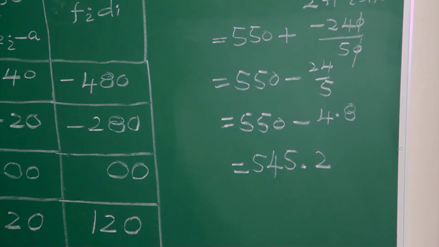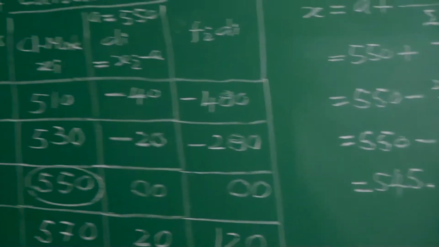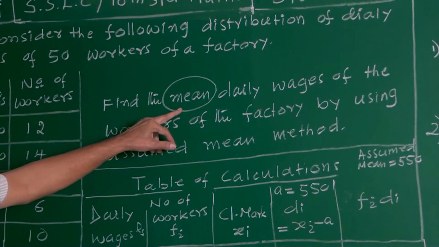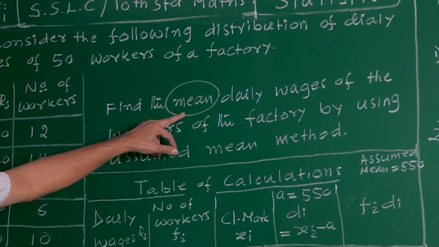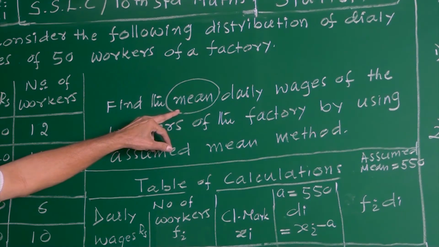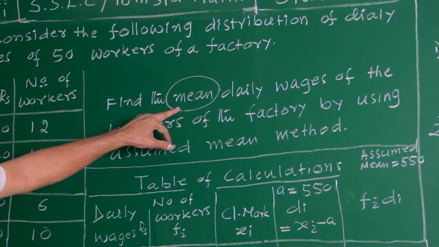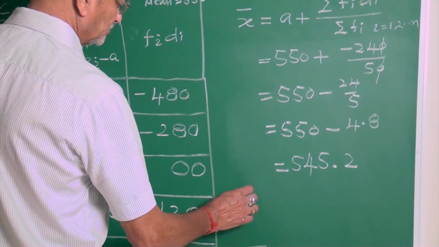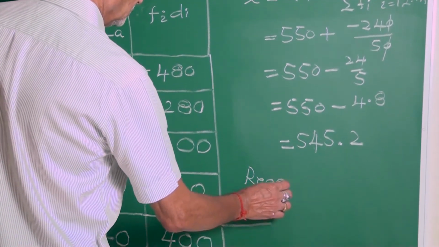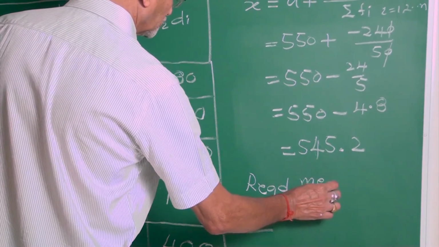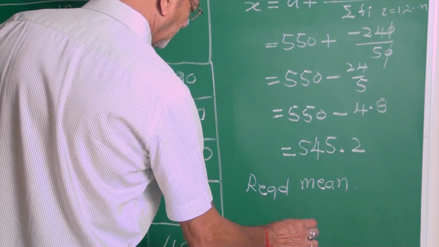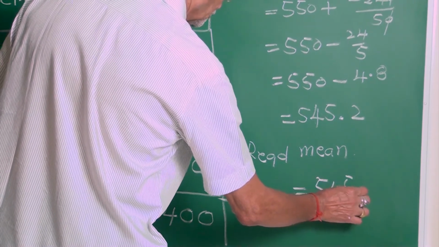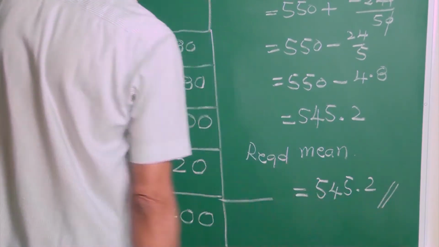You wanted to find the mean daily wages. Instead of all these things, the better word in mathematics is the required mean, meaning whatever the question asks for. The mean daily wages is 545.2, that is the answer.